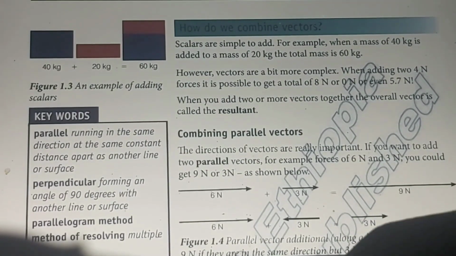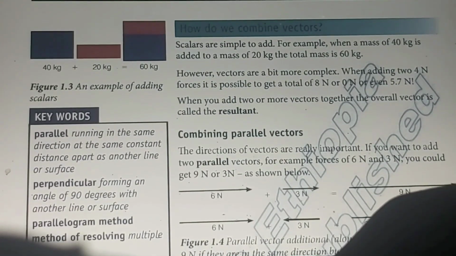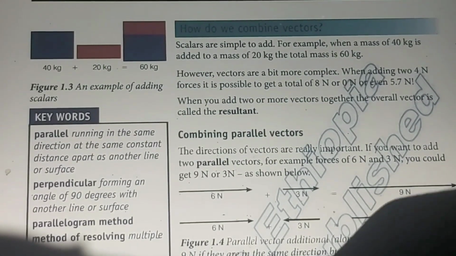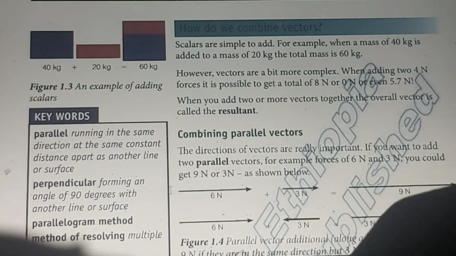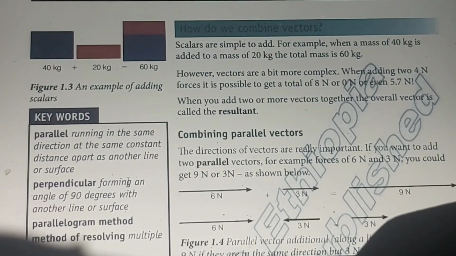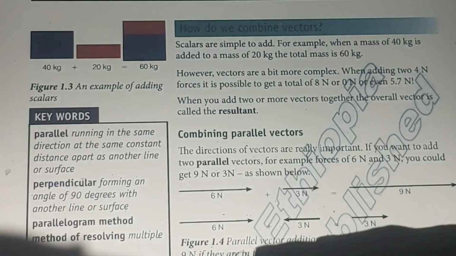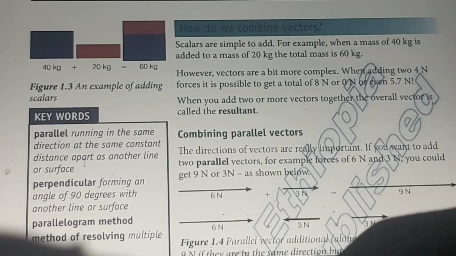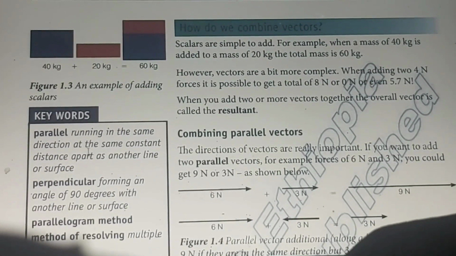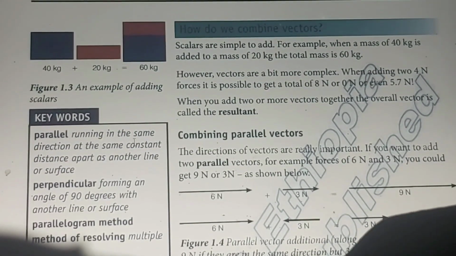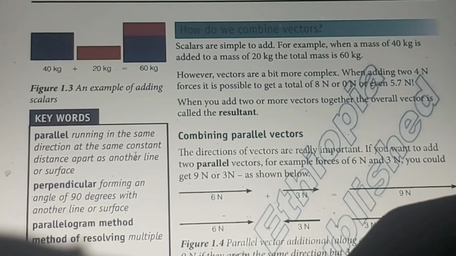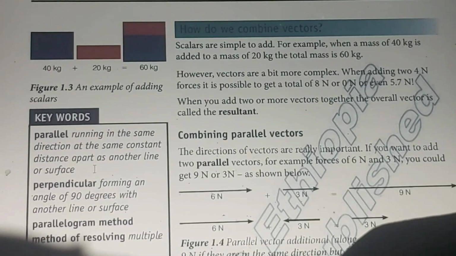Here, combining parallel vectors. How can we combine parallel vectors? Parallel, the keyword, let us see the keywords first. Running in the same direction at the same constant distance apart as another line or surface.